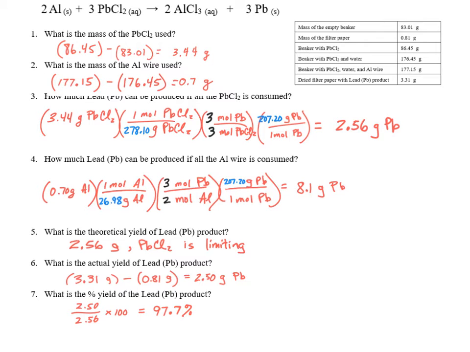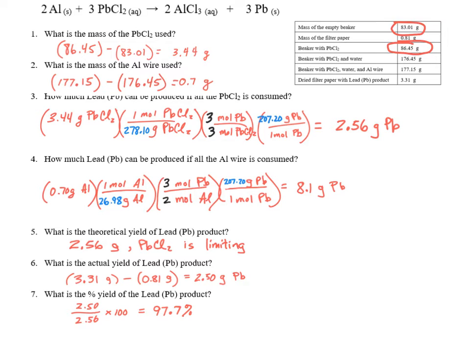All right, questions. What's the mass of the PbCl2 used? Then we would have to subtract the beaker with the PbCl2 in it minus the beaker itself. That's how much PbCl2 was used.